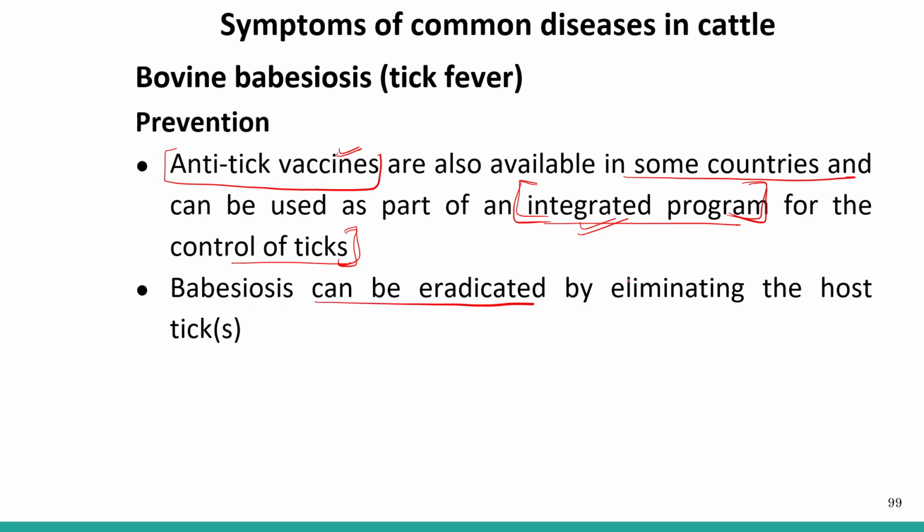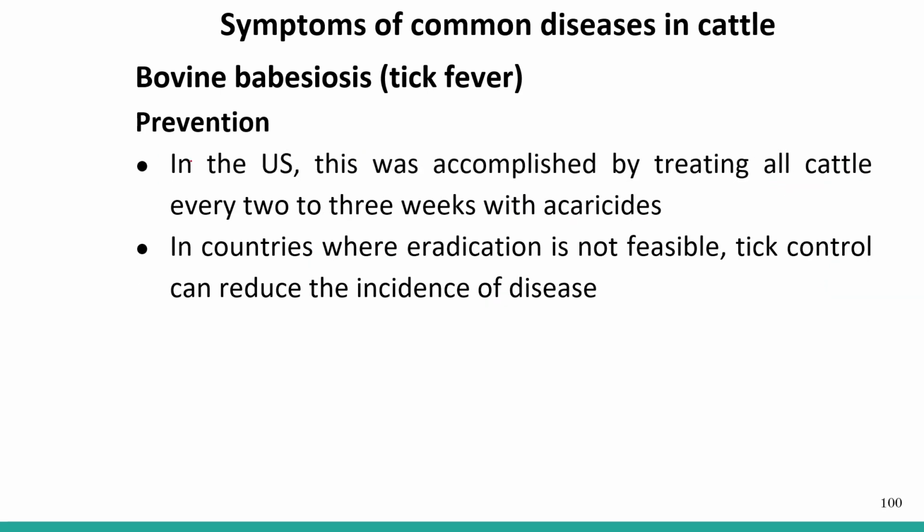Babesiosis can be eradicated by eliminating the host ticks. So this disease can be controlled if we eliminate the host, that is ticks. In the US, this was accomplished by treating all the cattle every 2 to 3 weeks with acaricides. So what is an acaricide?